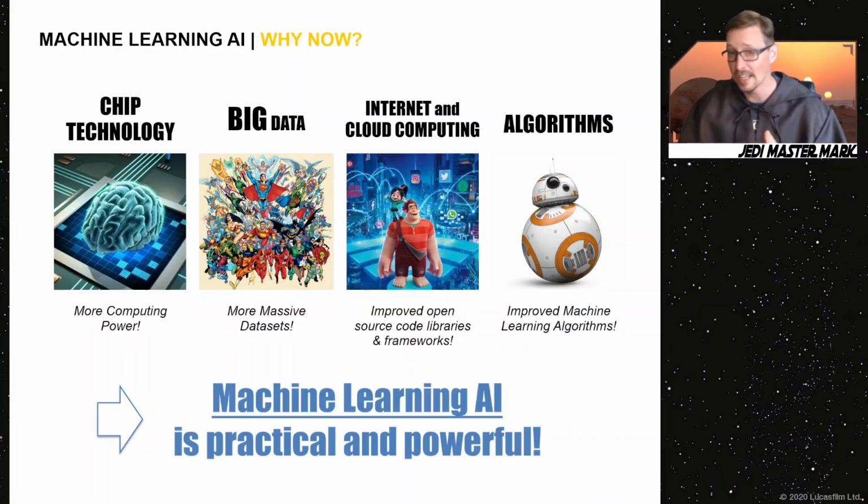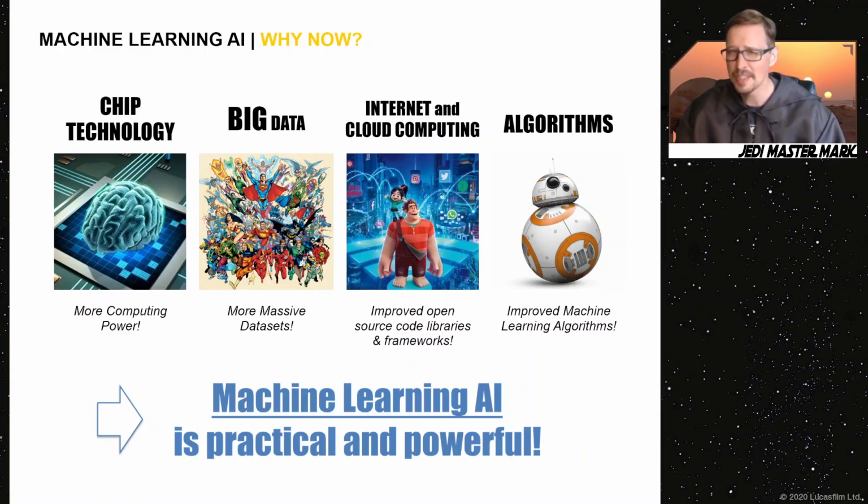The third one is internet and cloud computing. Certainly the open source coding libraries and frameworks, and the ability to share these algorithms openly on platforms like GitHub, has led to almost accelerating progress in training new models.